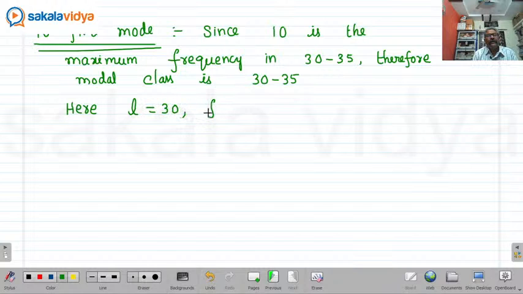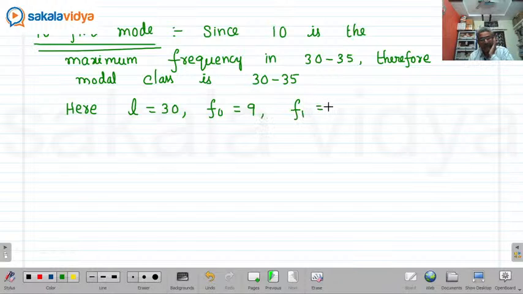Next, F0. F0 is the frequency of the class preceding the modal class. What is the F0 here? F0 will be 9. And F2, what is F2?